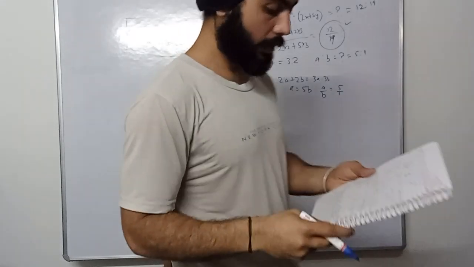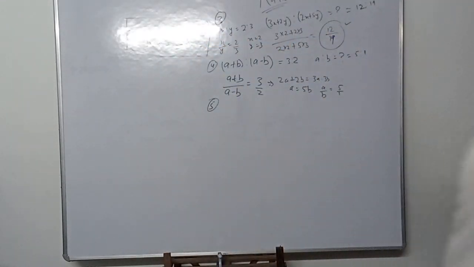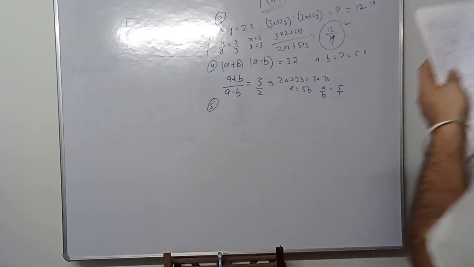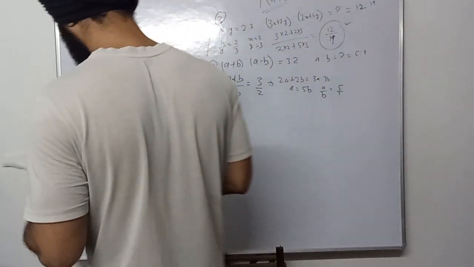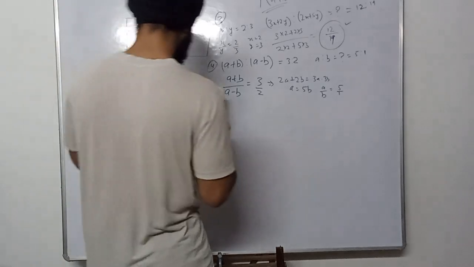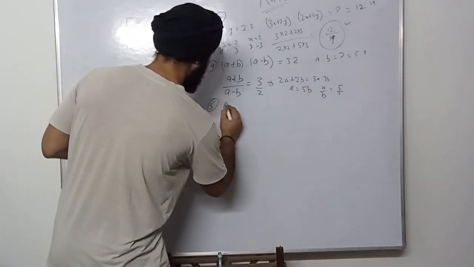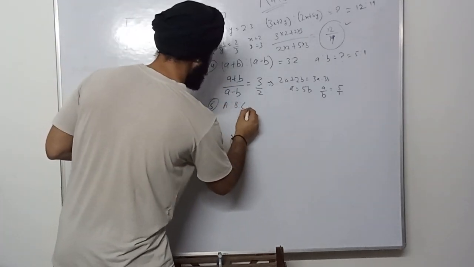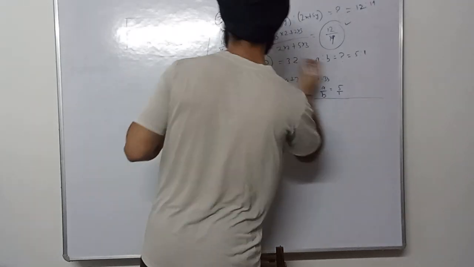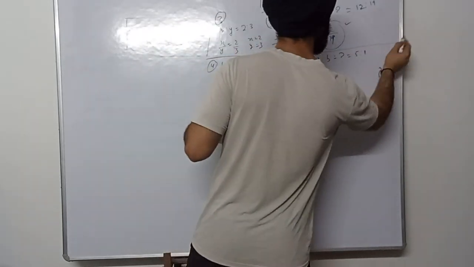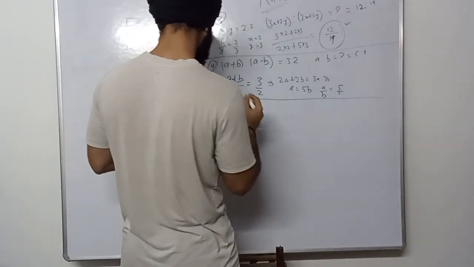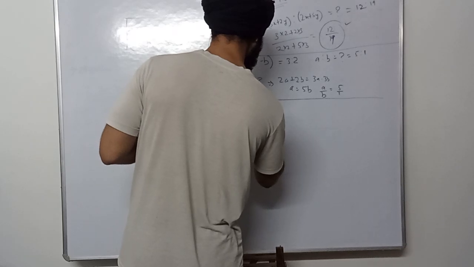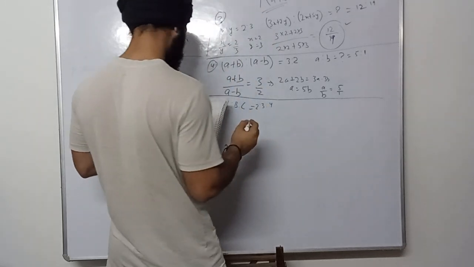a ratio b ratio c is equals to 2 ratio 3 ratio 4. Then the ratio of a by b, the question is a ratio b ratio c. Let me divide. So is equals to 2 ratio 3 ratio 4.